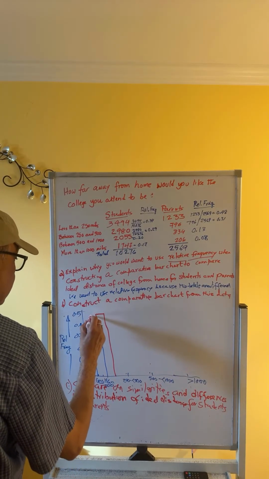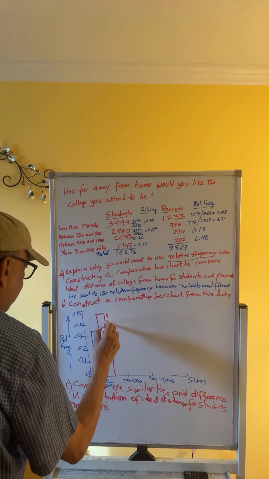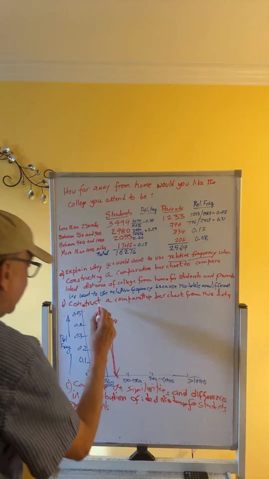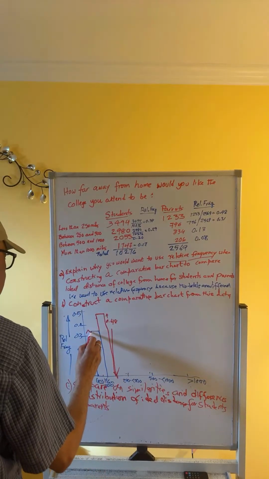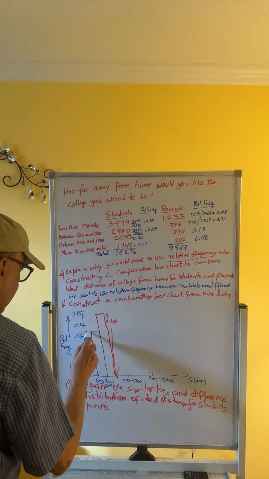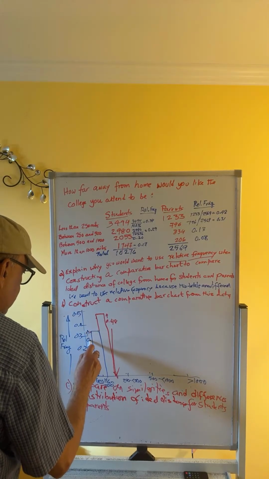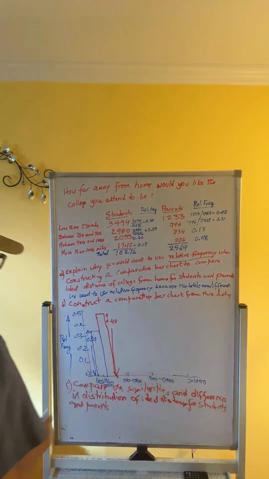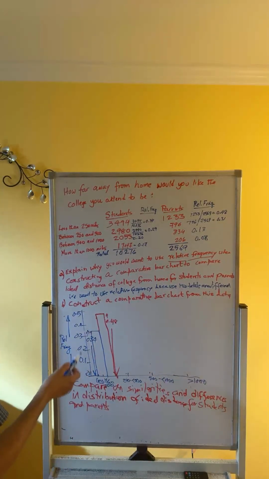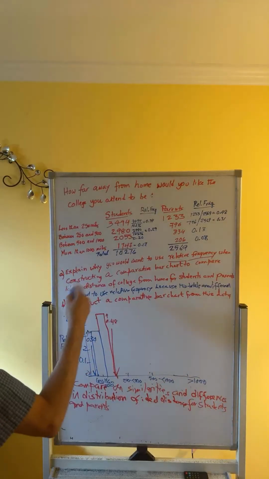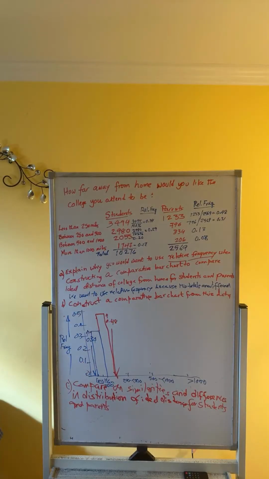So this height is 0.48. The height of each bar is a relative frequency, and this I will write in blue ink, is 0.34. So as you can see in the first category, the parents' relative frequency is higher. They would much rather want their children to stay or go to college less than 250 miles.